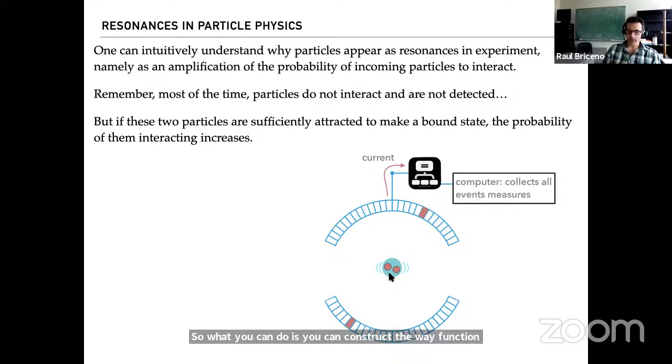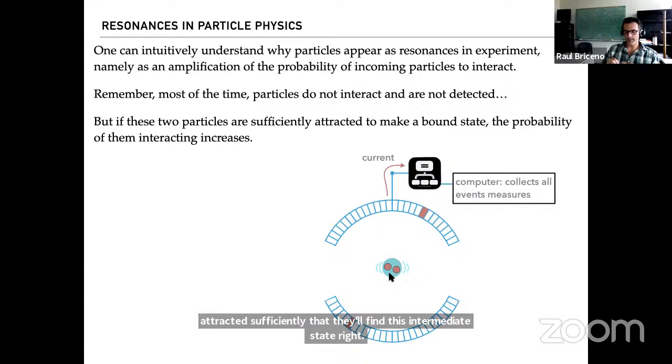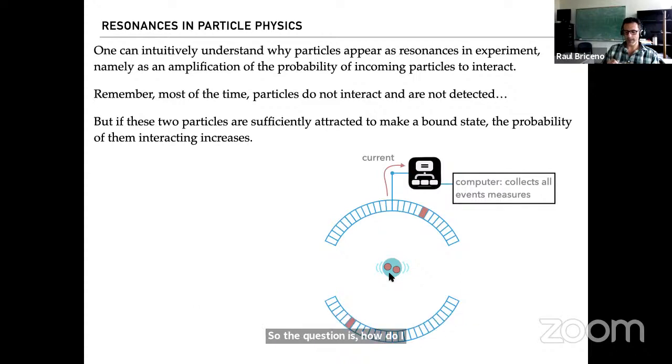There are two particles that are off and not seeing each other, and then they get attracted to each other. And then the question is, they get attracted sufficiently that they'll form this intermediate state, right? So how do I then calculate the probability of this event happening?